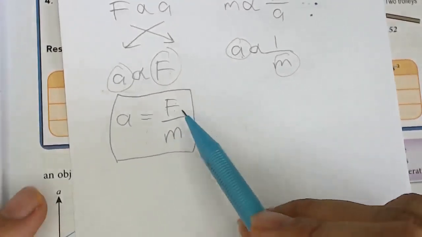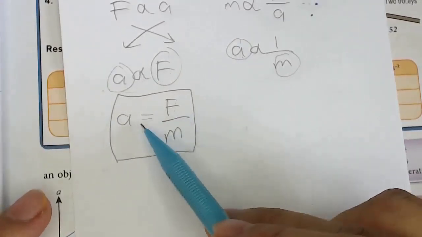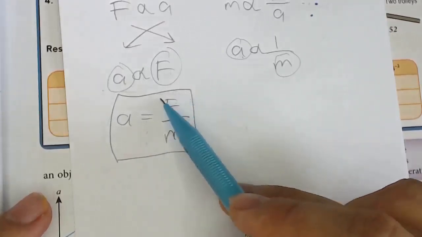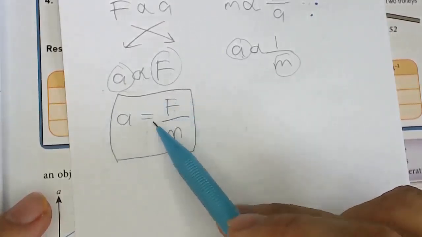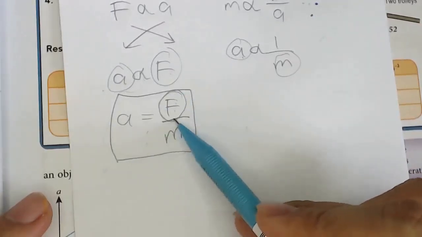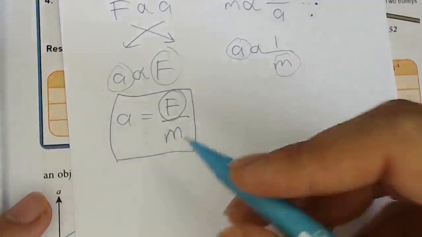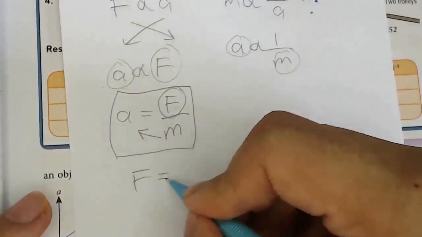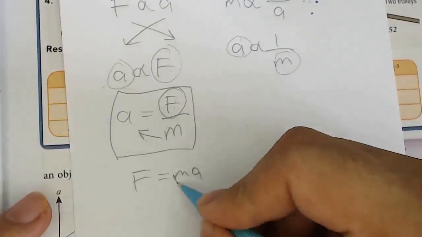Okay, and of course, if you want to do algebra transfer to get whatever variable, let's say we want a variable of F, this m we take to the left side, so at last it will become F equals ma.